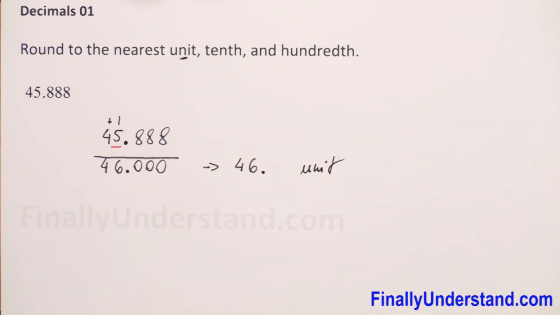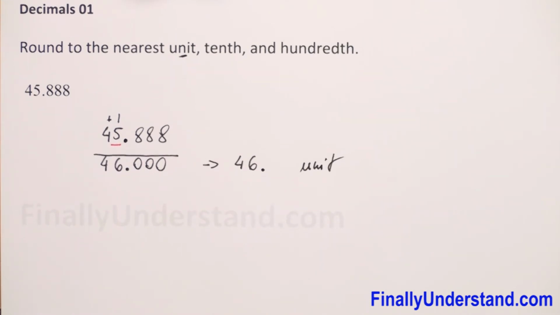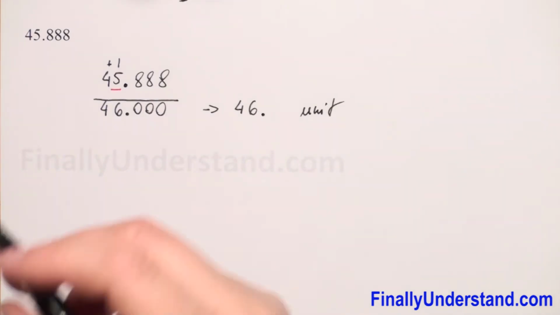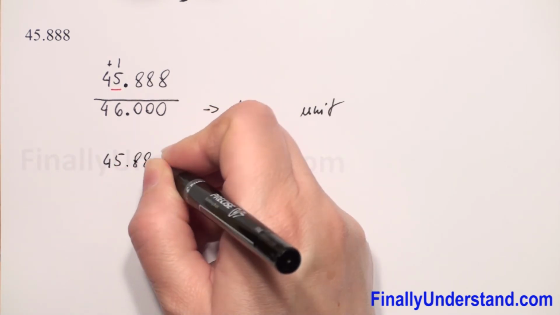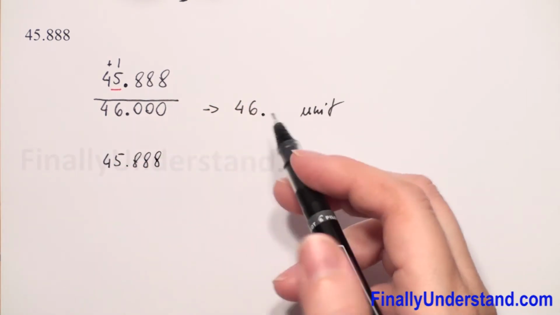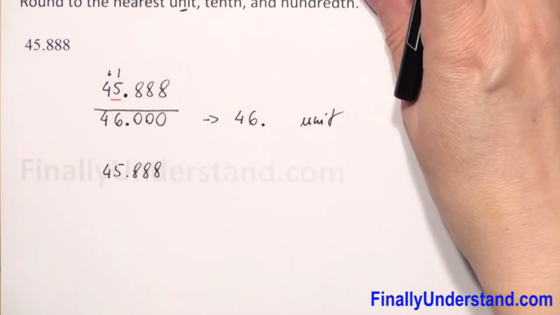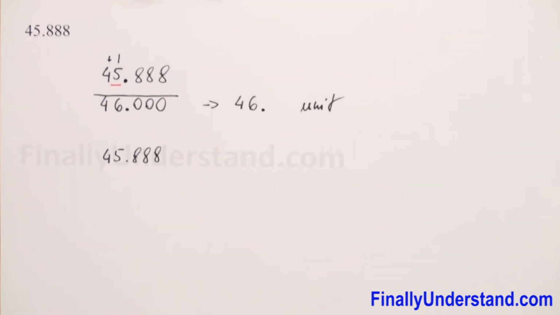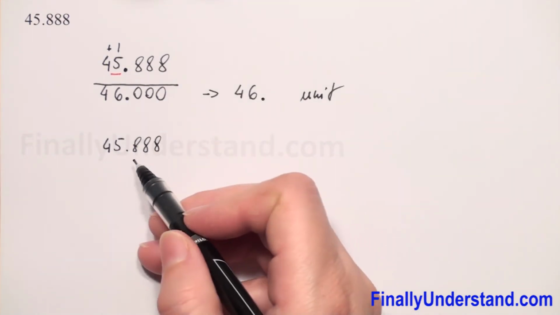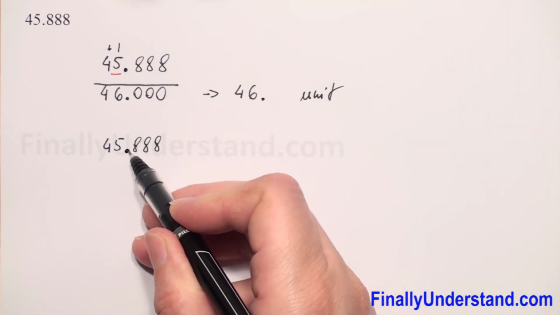Next, let me copy our number one more time. We have 45.888. We have to round now to the nearest tenth. Tenth is the first digit after the decimal point.